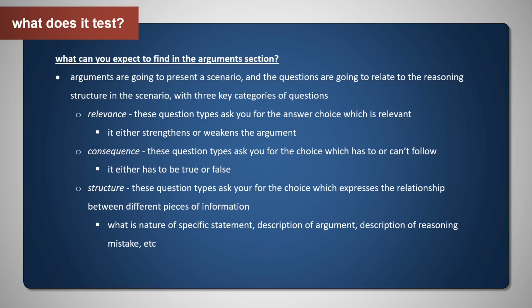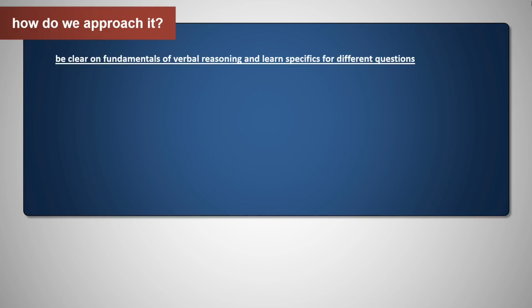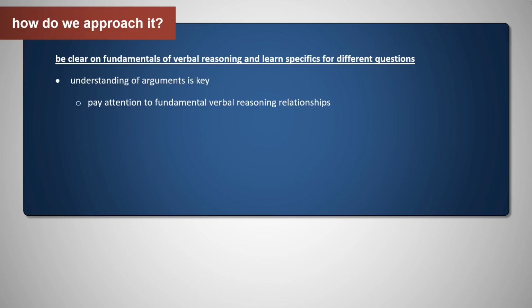So, how do we approach it? Well, you want to be clear on the fundamentals of verbal reasoning, and then you want to learn the specifics for the different questions. Understanding of the arguments is key. You have to pay attention to the fundamental verbal reasoning relationships, which we covered in those videos with respect to premise, conclusion, subconclusion, etc. Then you also need to understand the question types and the answer choices.